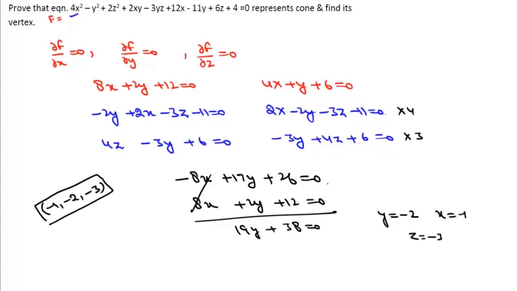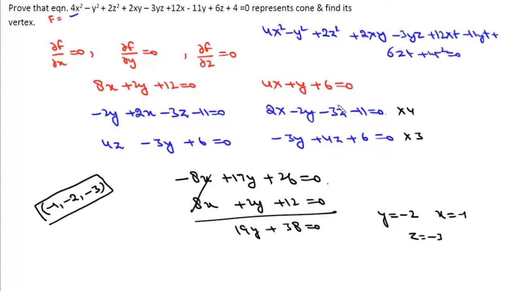And actually we have not verified this is the equation of a cone. And for this what we'll do is, we'll make this curve homogeneous, which is say 4x square minus y square plus 2z square plus 2xy minus 3yz plus 12xt minus 11yt plus 6zt plus 4t square equals 0. And we'll find del f upon del t and we'll put it equal to 0. Now we differentiate this with respect to t.